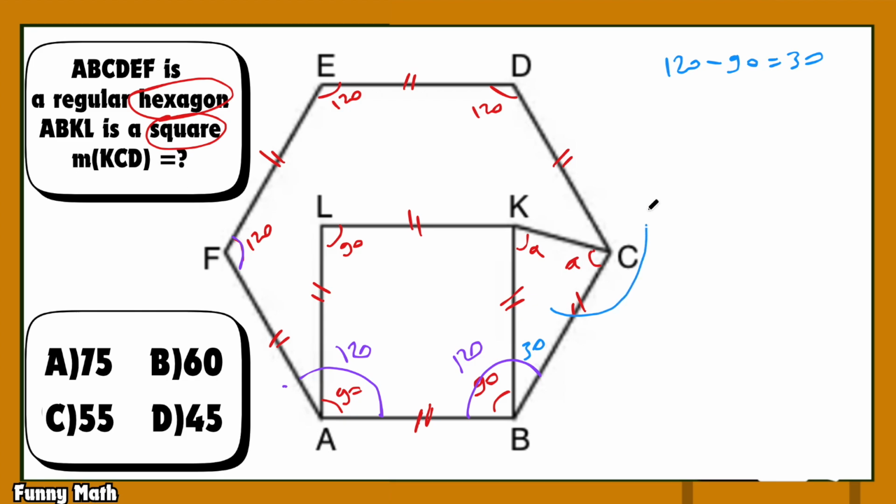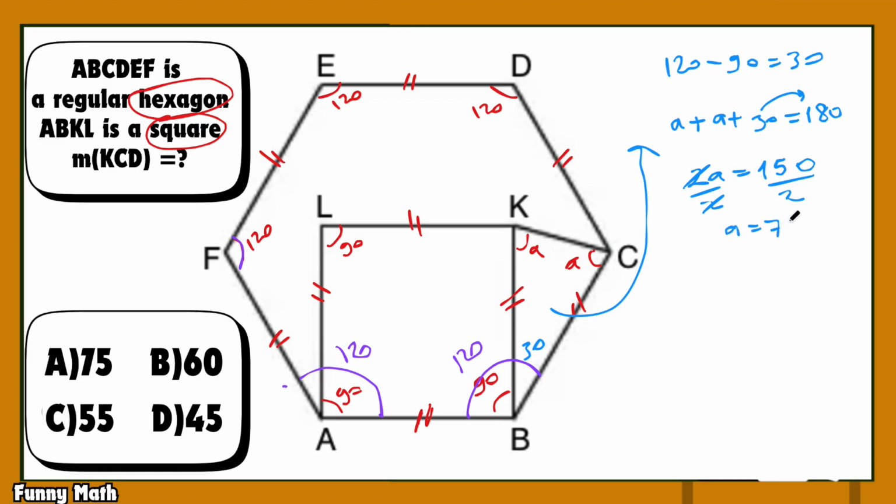Since the sum of the interior angles of this triangle is 180, if we do the operation, the answer is 75.